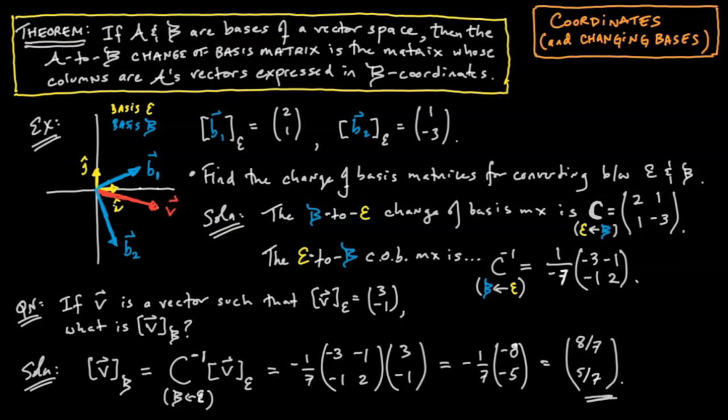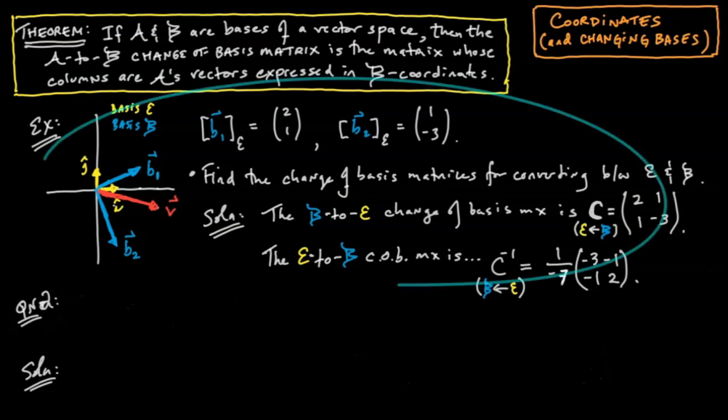And lo and behold, we have our answer. And yes, this corresponds to roughly what we thought it would be. V's first B coordinate is a little more than 1, 8/7, and V's second coordinate is a bit more than a half, 5/7. Good.